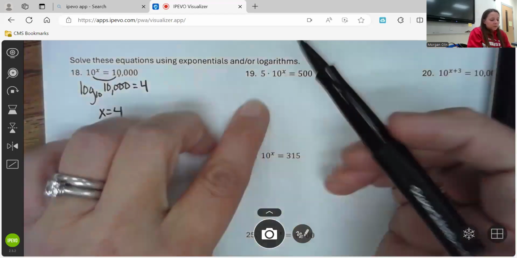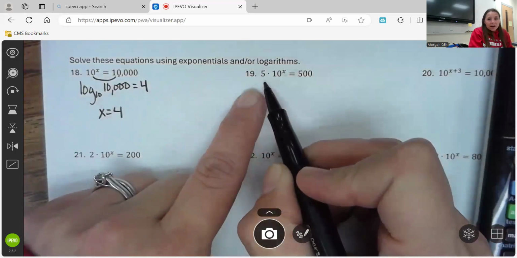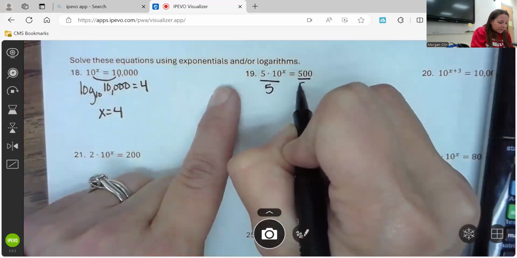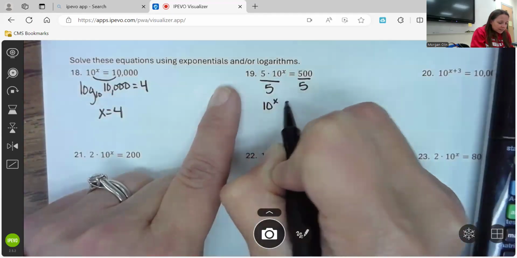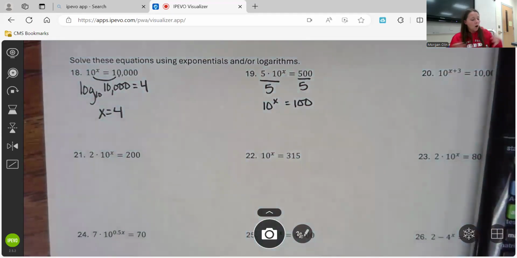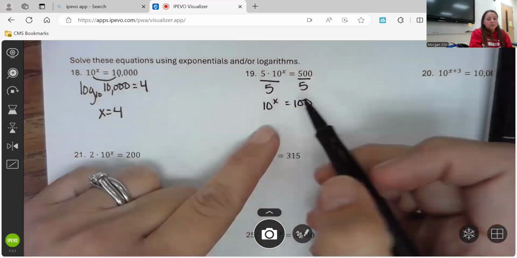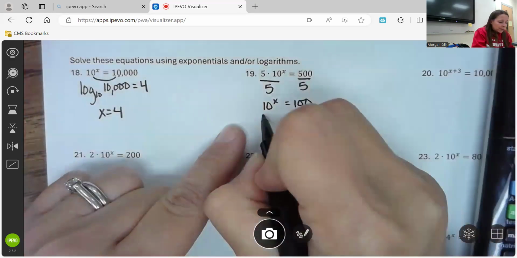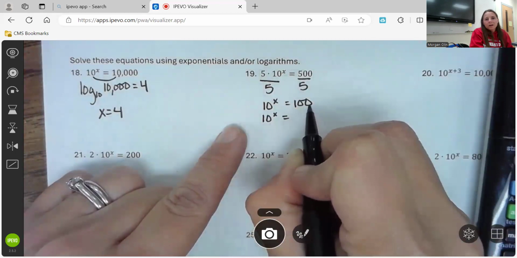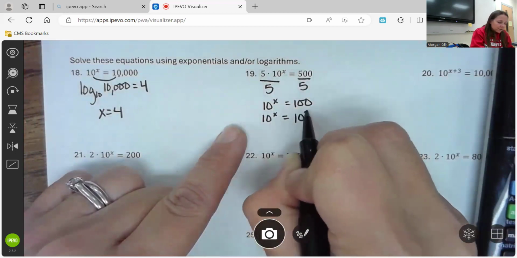Now, this is an exponential form, but do you see how there's a 5 out in front? Okay, I want to divide by 5 first. So 10 to the x equals 100. And we want to get to where all we have is the base raised to the power. That's it. Now some of you may think you can put this in log form, but some of you may think, oh, wait a minute, 100 is 10 squared.